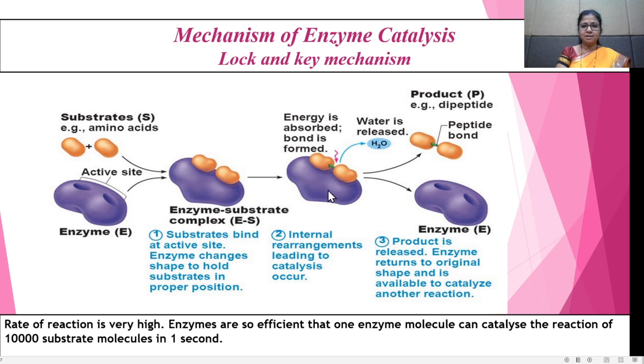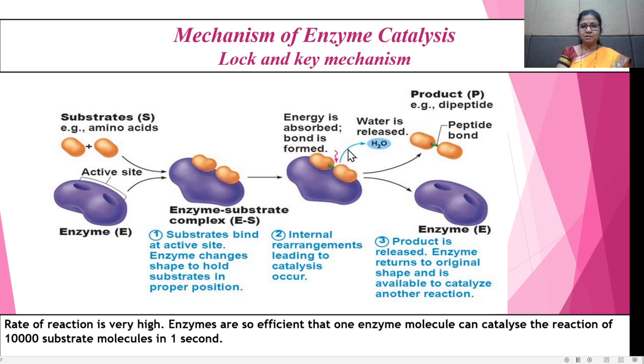That means the internal rearrangement leading to catalysis occurs. The reaction takes place between these two amino acids. Here energy is absorbed and a bond is formed with the help of this enzyme, which acts as a catalyst.